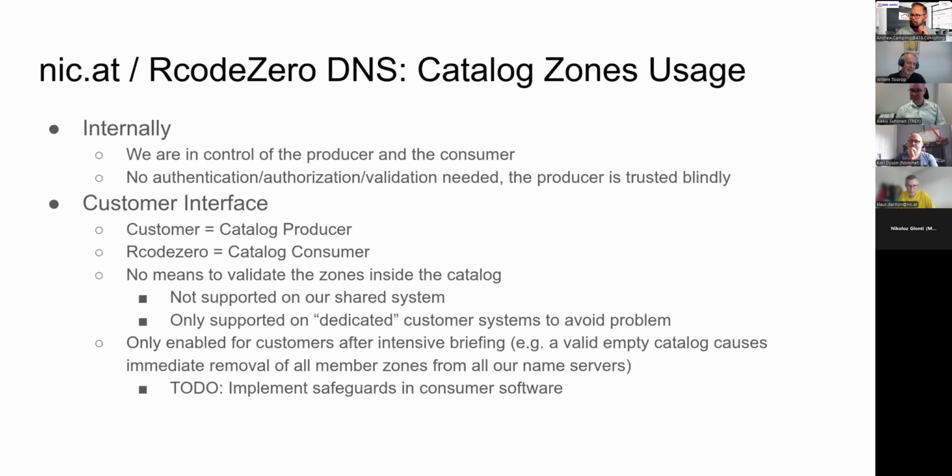Oh no, we don't need catalog in that case. Most customers were asking about catalog because they were afraid that it's really a lot of work for the onboarding of thousands of zones. But actually, if you script it, it's not difficult anyways.